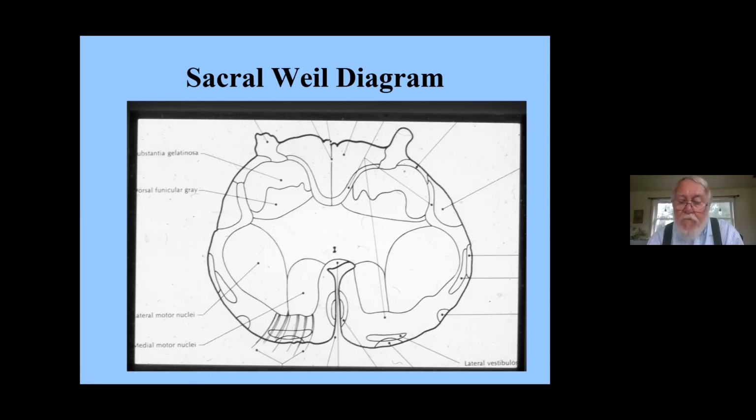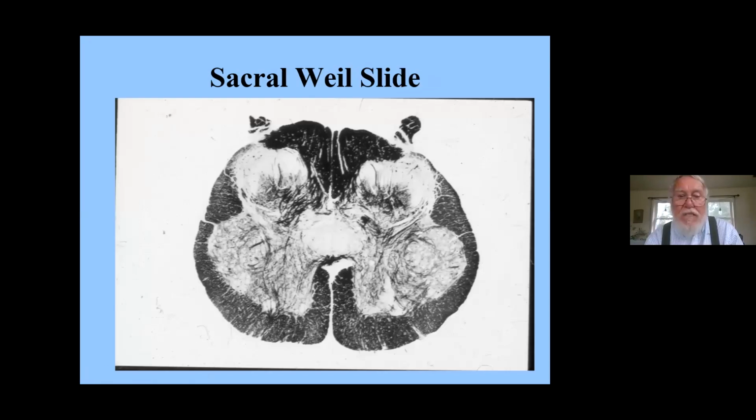Now, so there is the diagram. Now let's look at the actual section. So remember, it's a Weigert stain. So what is staining here is myelin. So what do you see as darkest right here?